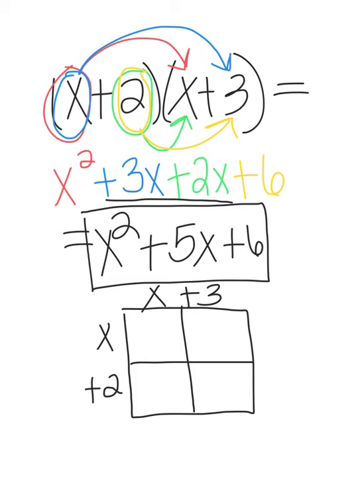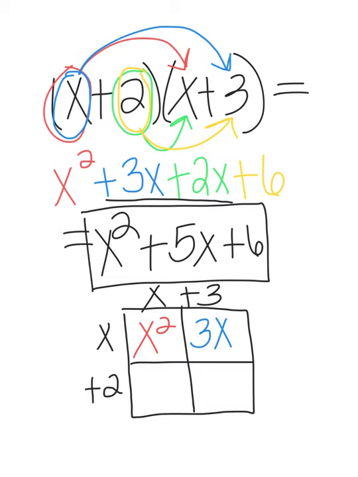So let's start with the very first box. X times x would give me x squared, just like what we got with our first step whenever we did it above. Now I'm going to multiply x times 3, which we know is 3x.